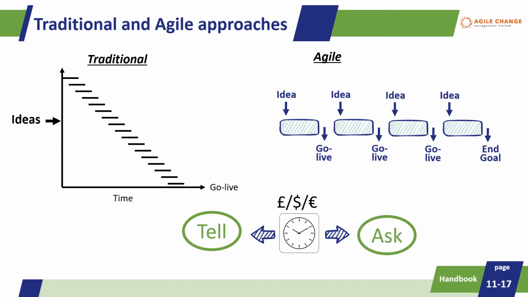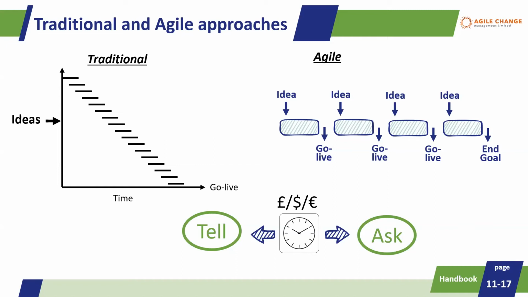I would plot them over time, and I would tell you when the go live date is. So I tell you the delivery date, and from working out the duration of the initiative, I would be able to tell you what the budget is. But it's me telling the sponsor, if you like.